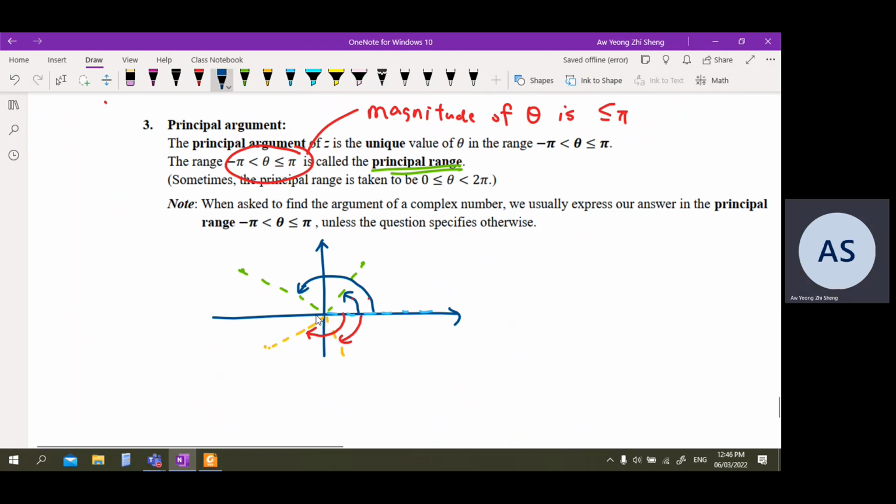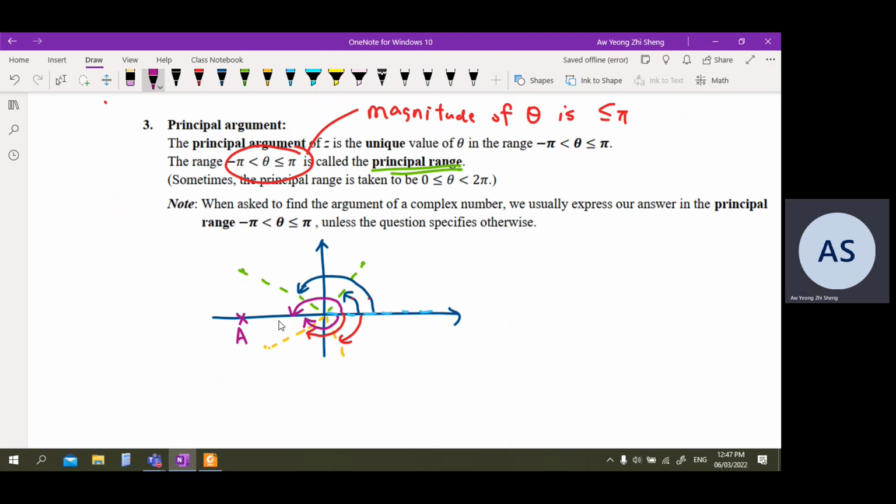What if the point representation of your complex number exactly falls on the x-axis, but it's on the left of 0? What if you have a point here? Let's say this point A is the point representation of some complex number. Then you can either go to the left-hand side by measuring pi in the positive direction, or you can also measure pi in the negative direction.